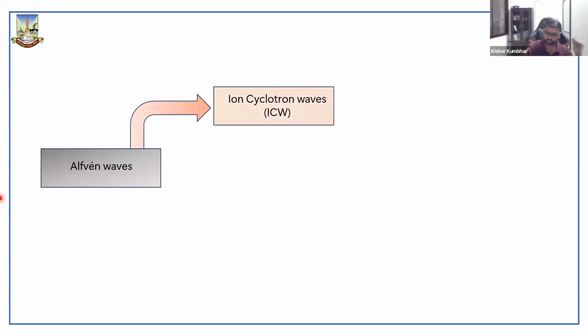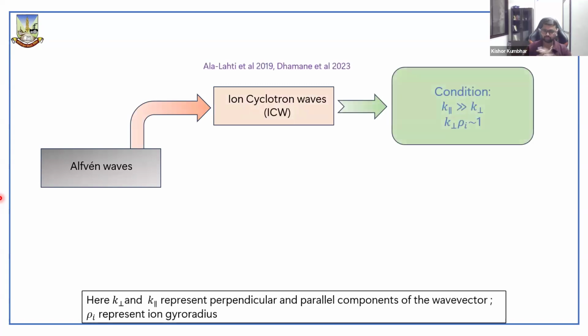These waves are usually formed whenever the wave vector condition k parallel is far greater than k perpendicular, at k perpendicular times rho i equal to 1, which is your kinetic domain, where k perpendicular and k parallel represent the perpendicular and parallel components of the wave vector, and rho i is the ion gyro radius.